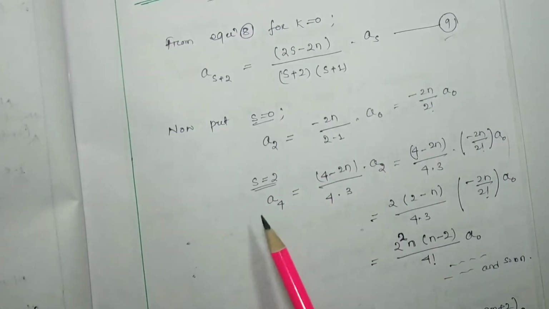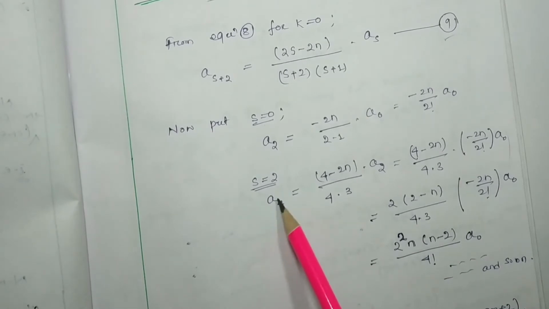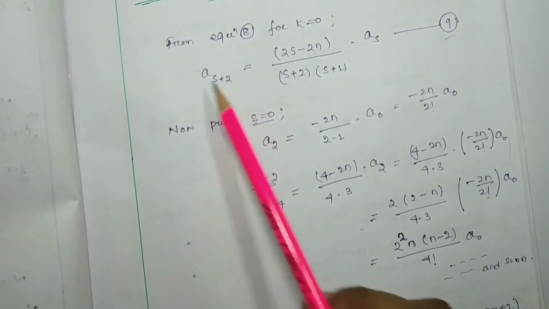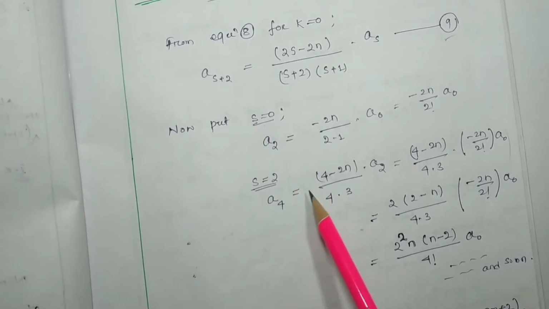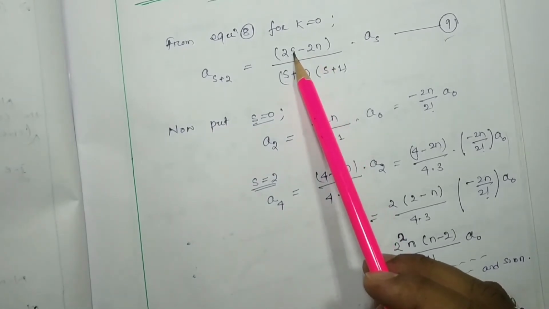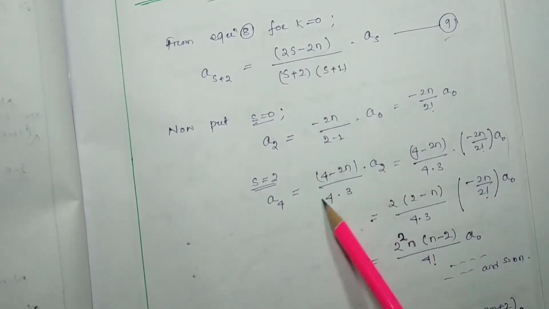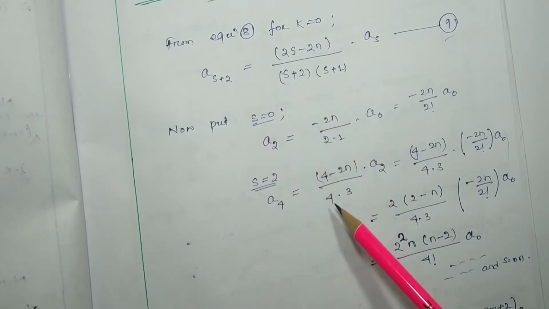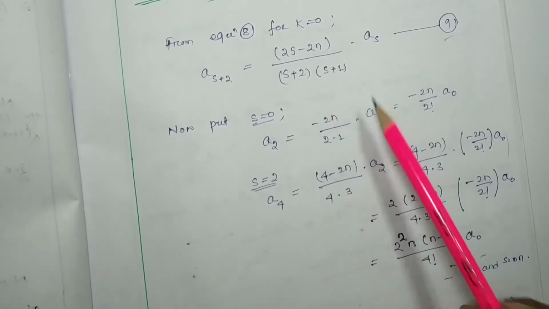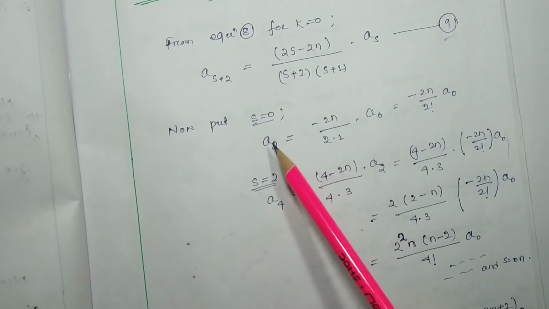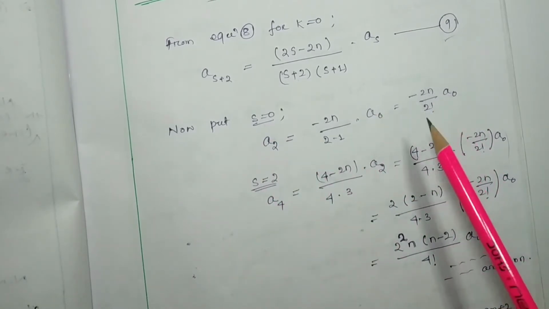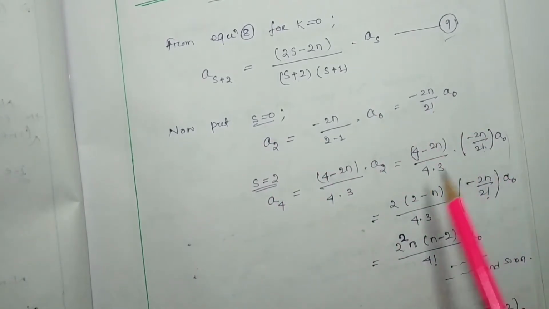Now consider s equal to 2. S equal to 2 means s plus 2 will be equal to 4. So a4 equals, here 2 means 4, (4 minus 2n) by (2 plus 2), that is 4, into (2 plus 1), that is 3, into a2. Already we got the a2 value, just put it over here.